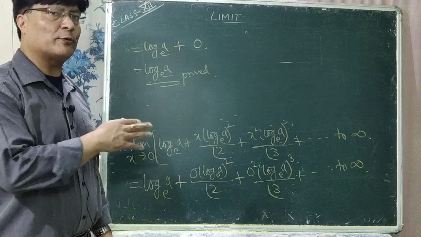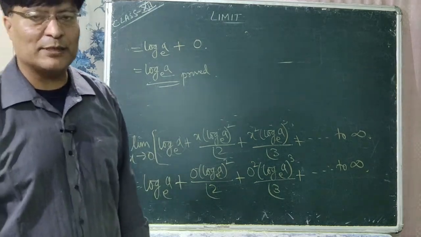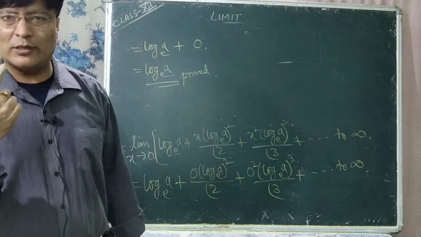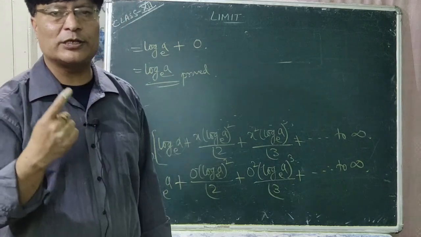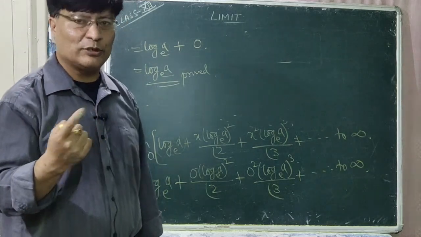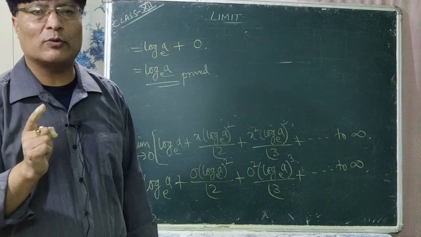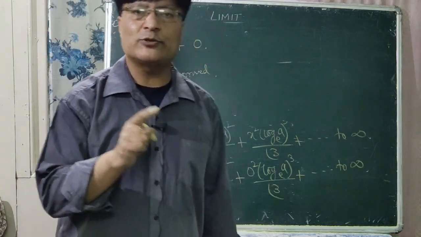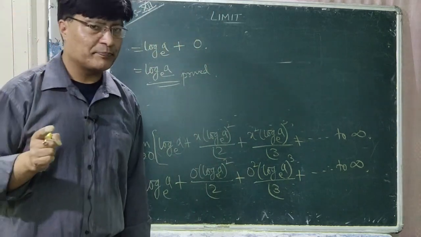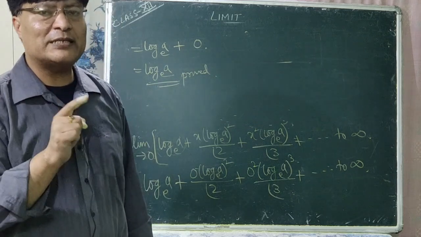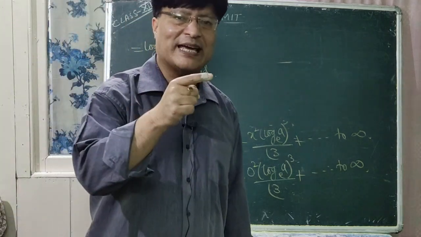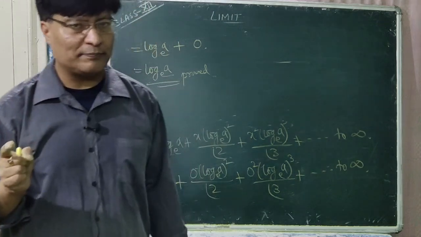Okay, so we have proved 7 standard limits out here. That is, number 1 was limit x tends to 0, sin x is equal to 0, you know that. And the second one was limit x tends to 0, cos x is equal to 1. Third one is limit x tends to 0, sin x divided by x is equal to 1.